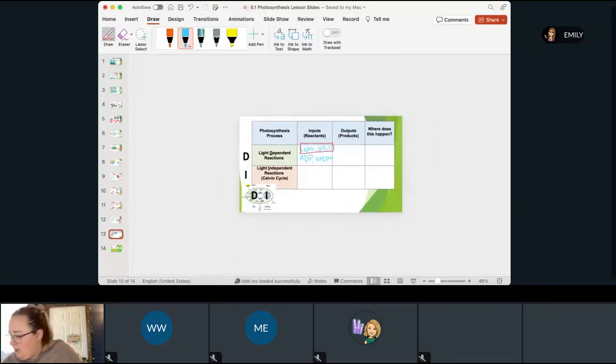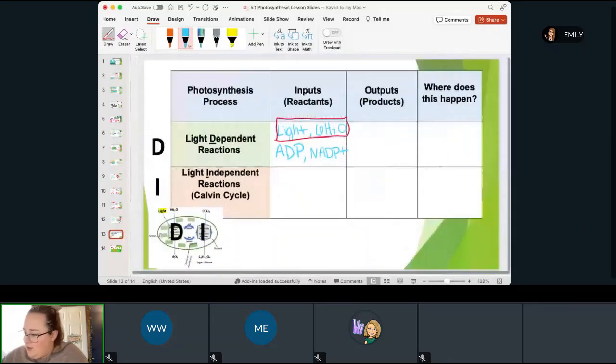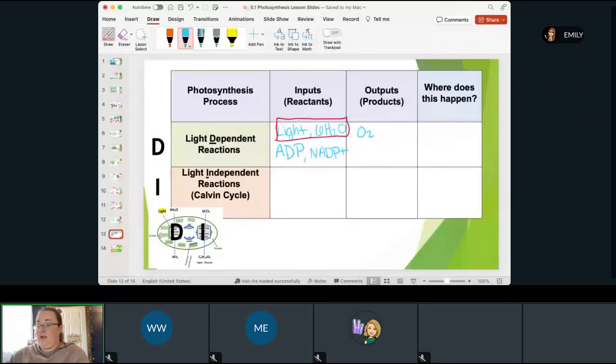So oxygen, that's my big one. But what else am I producing that is going to move on to the next process? Good. I'm also producing ATP and NADPH.